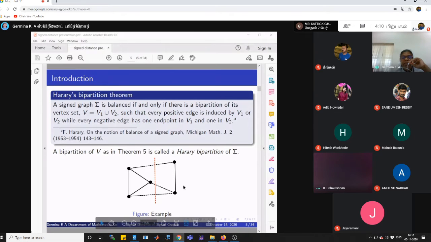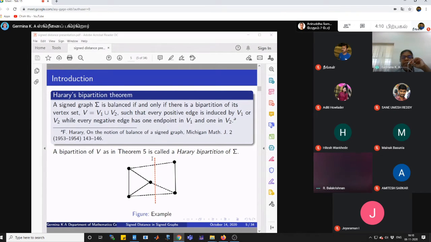Here is one example for that. My partition is this left side, this triangle, and this K2, and you see all the edges on the left side are positive, and this right set also is positive. In between, all are negative.